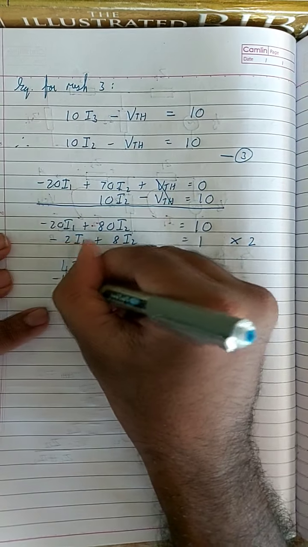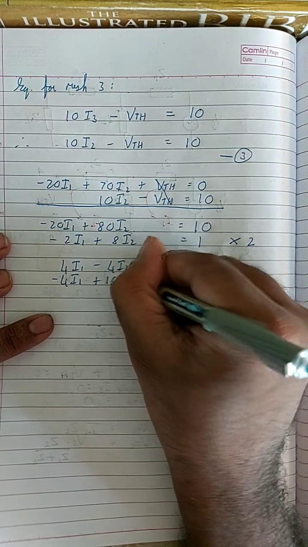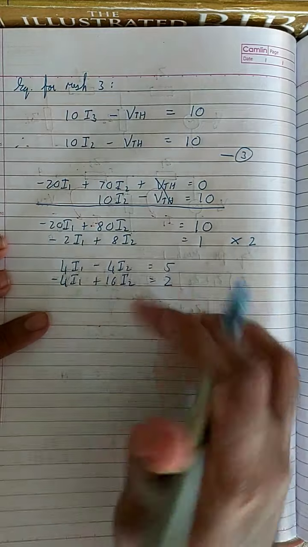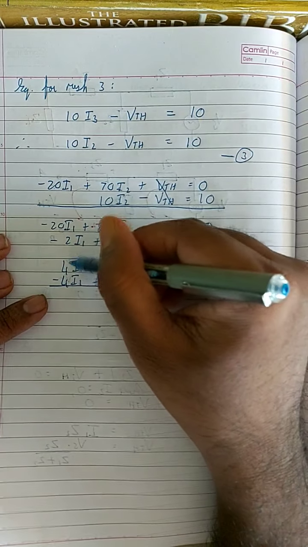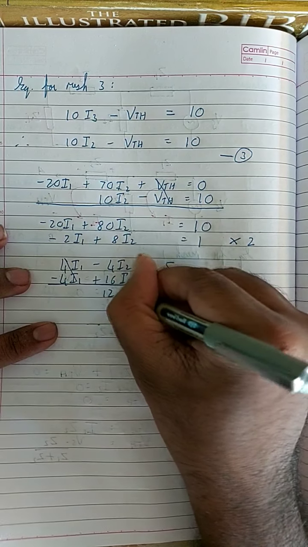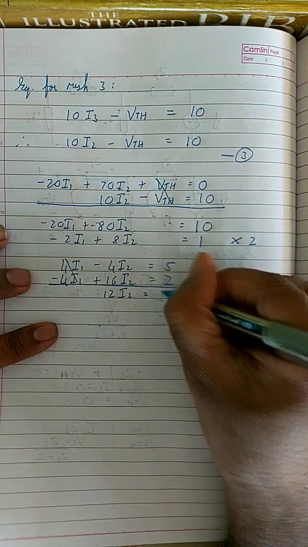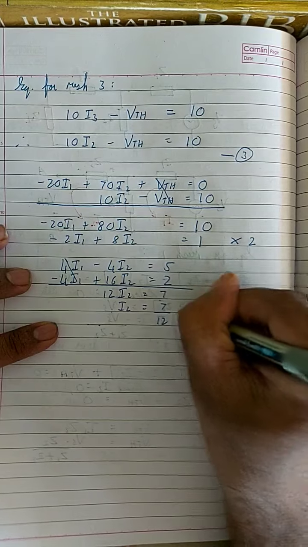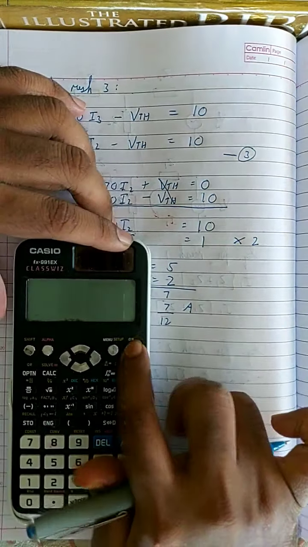I'll get minus 4I1 plus 16I2 is equal to 2, right? This is what I'm getting. So I'm going to add both of them. By adding, these two will cancel each other, and this will be 16 minus 4 is 12. So it is 12I2 is equal to, and here it is 5 plus 2 is 7. Therefore I2 is equal to 7 by 12 amperes.